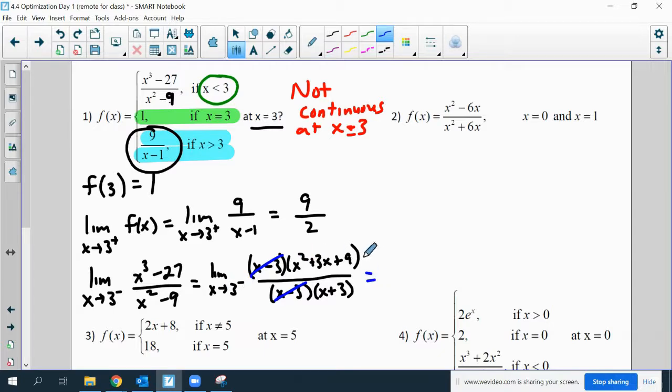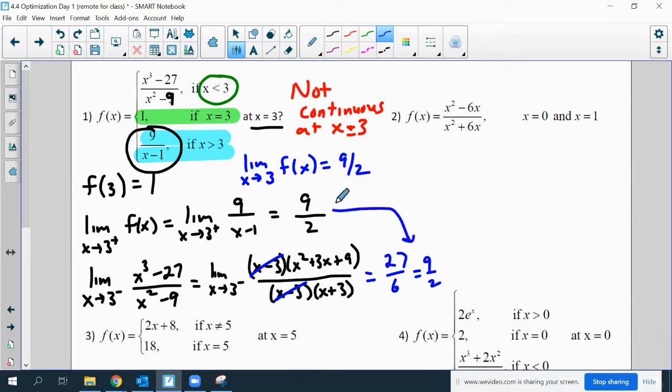So I can now plug 3 in, and I get 27 over 6, which is 9/2. So notice that the limit of this exists. So the limit as x approaches 3 of f of x does exist. It's 9/2, because both of these are equal to 9/2. But since they are not equal to the value of the function at that point, it's not continuous at x equals 3.